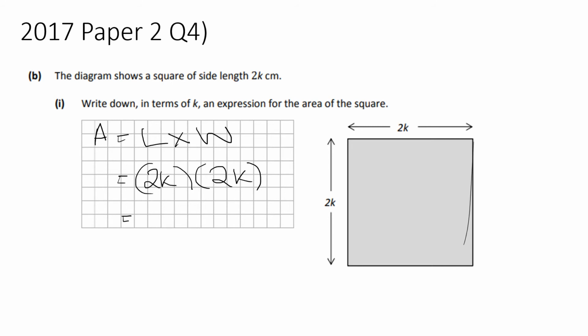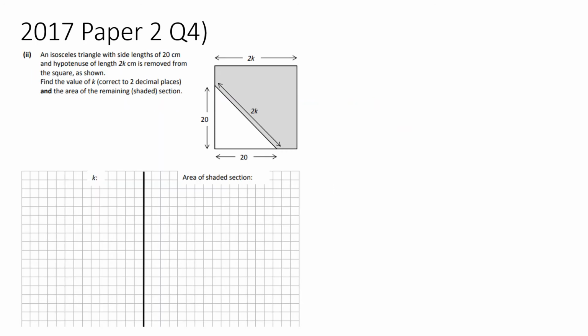To simplify it as an expression, 2 by 2 is 4, k by k is k squared. You can leave it like that if you want. You can include that it's centimeters squared, but the 4k squared is your expression. So that is 5 marks.